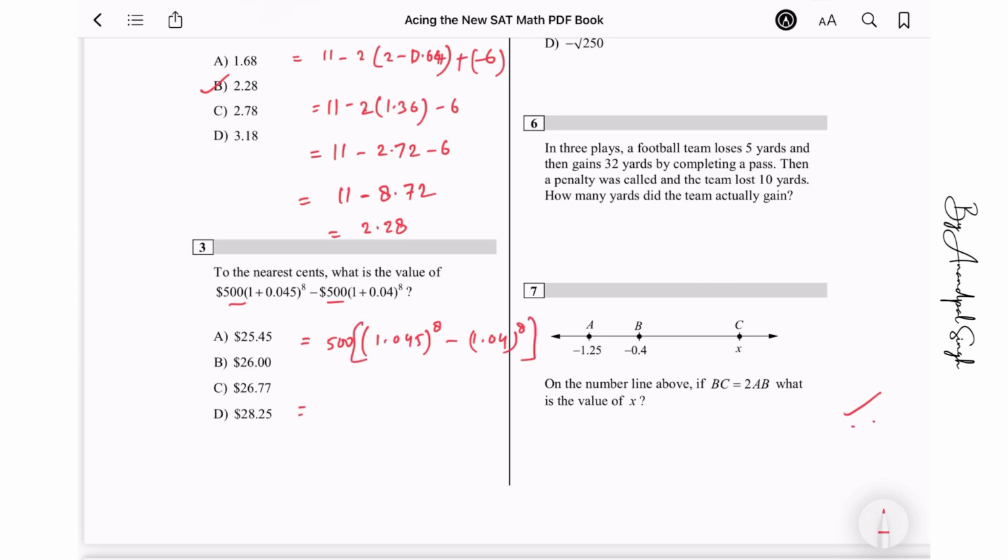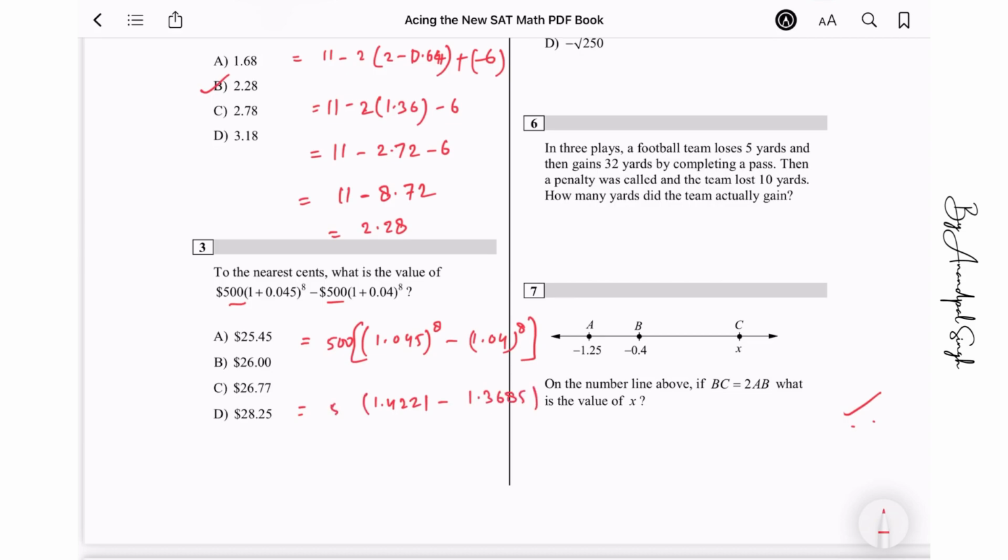The calculator says that 1.045 raised to power 8 is 1.4221, and then 1.04 raised to power 8 is 1.3685.